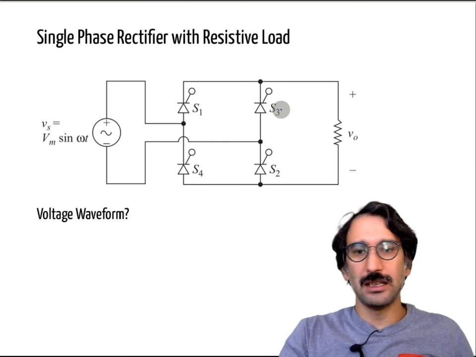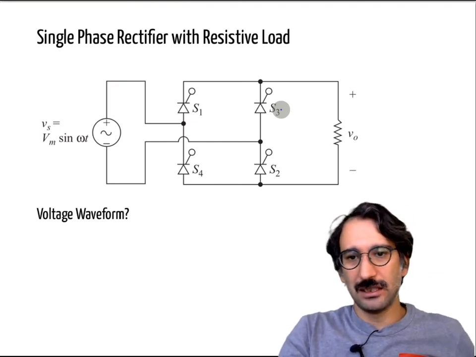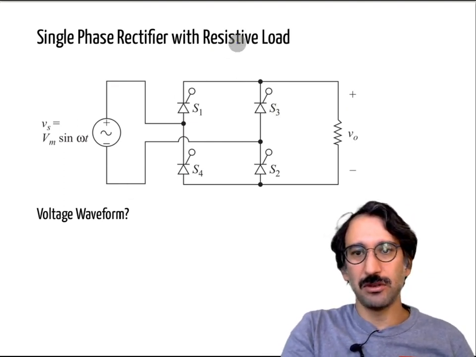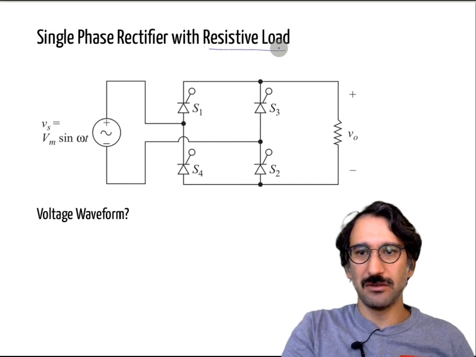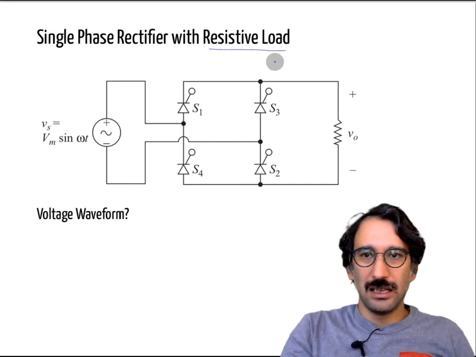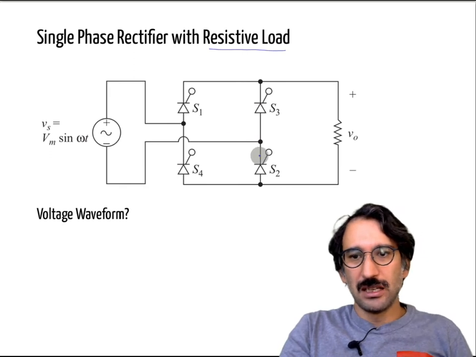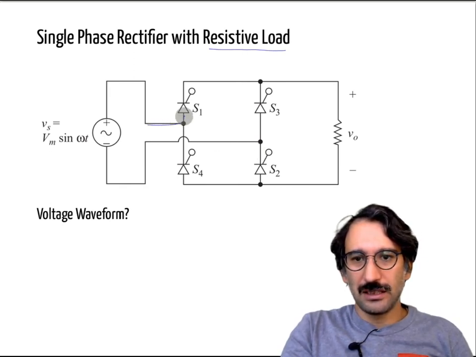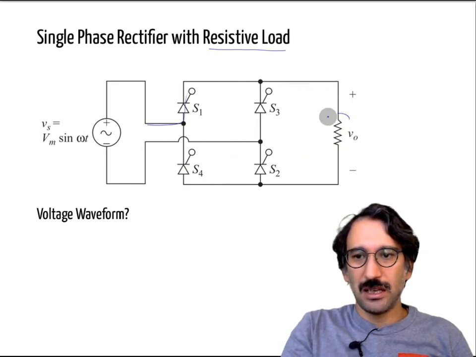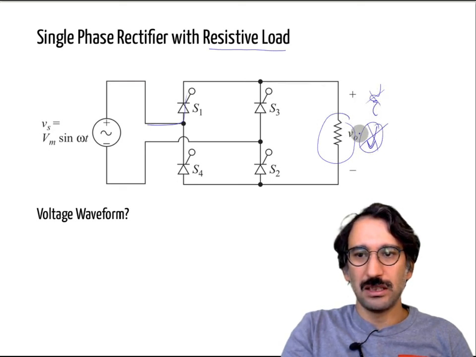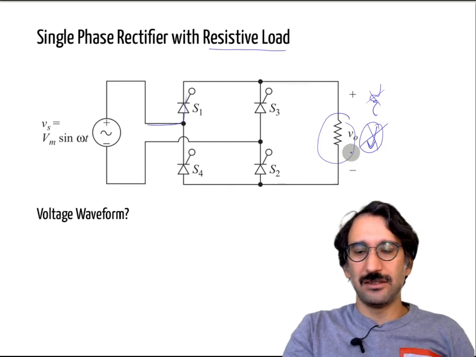So now let's move to another topology. Actually, it's the same topology, but just with resistive load. I would like to discuss a couple of conditions. So now, again, they will be operating from S1 to S2 and then S3 to S4. But now we don't have any ideal current source, or any inductive component. We just have that resistive load.